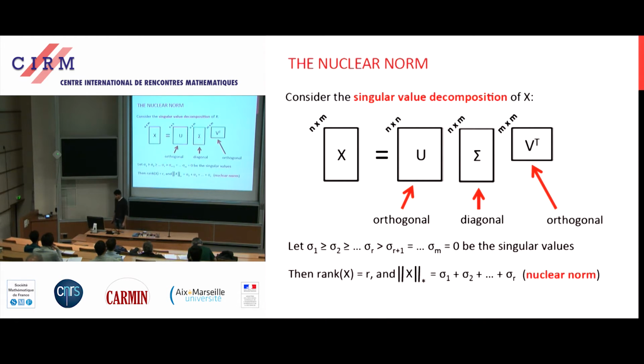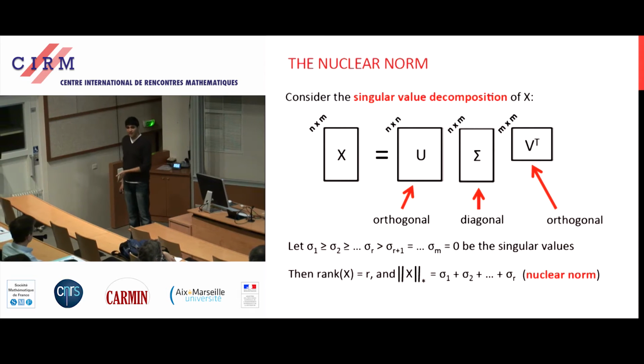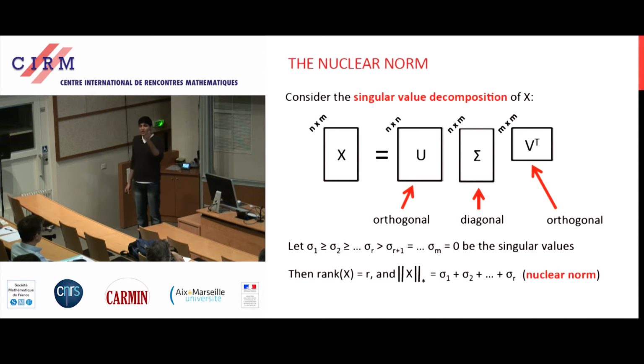It just becomes readily apparent because, for example, the number of non-zero singular values is exactly the rank. So if I think about the entries along the diagonal, the L0 norm, the number of non-zeros, is the rank. And the same way as in compressed sensing, you start off with an L0 optimization problem, that's hard.